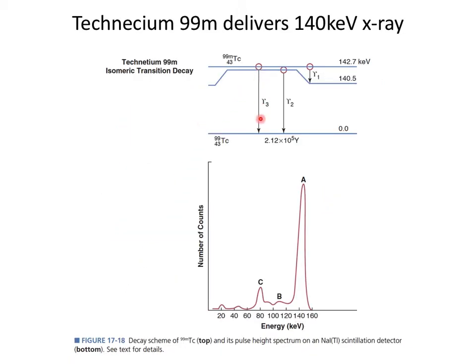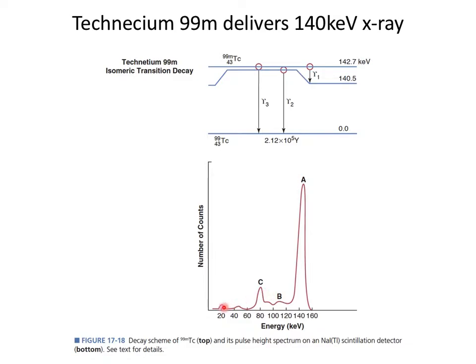And then for technetium, it creates these 140 keV X-rays or photons, and I've forgotten the nuclear transition that actually occurs. I'll look that up for you. But the primary energy that's coming down is centered at 140 keV.